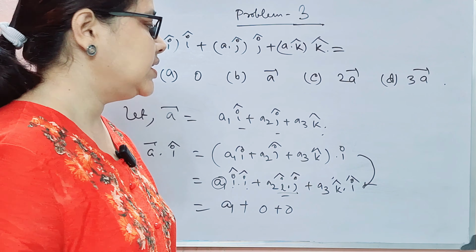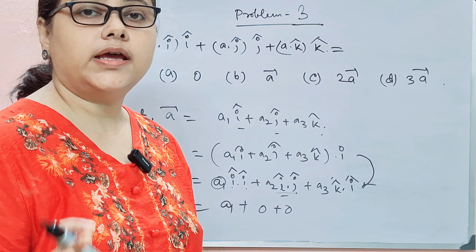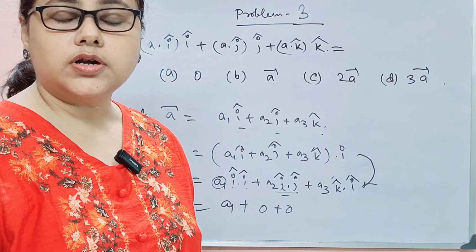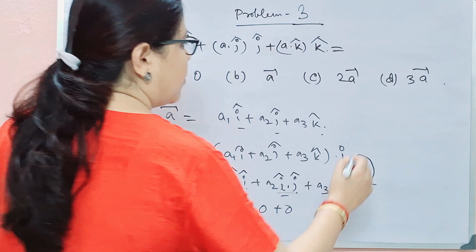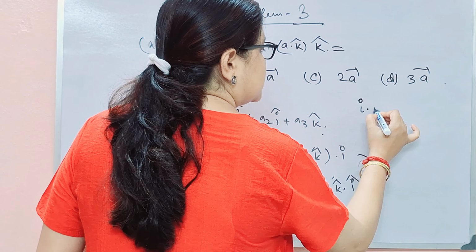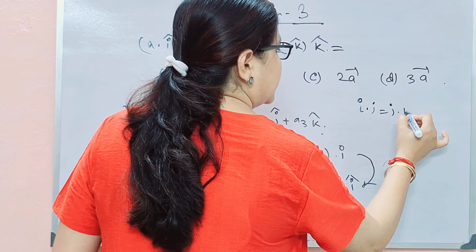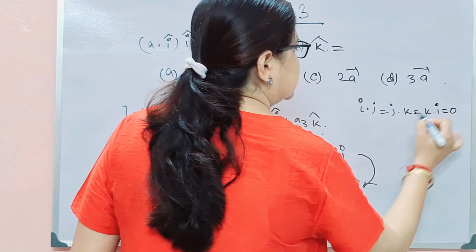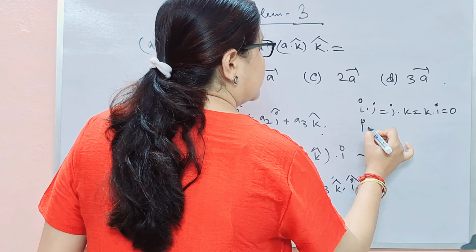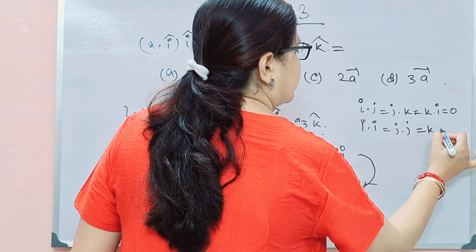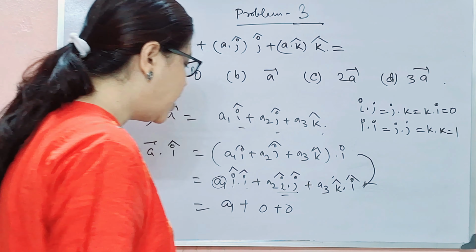So i dot j, j dot k and k dot i are all 0, but i dot i, j dot j and k dot k are all 1. Writing this again: i dot j, j dot k and k dot i are all 0, and i dot i, j dot j, k dot k are all 1.